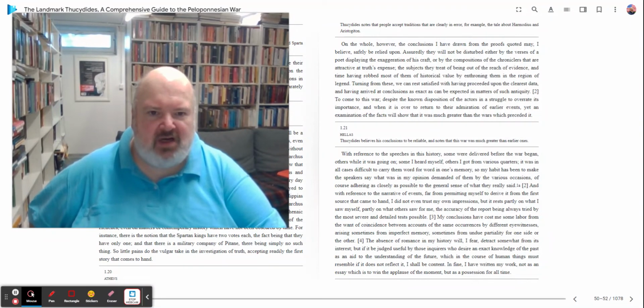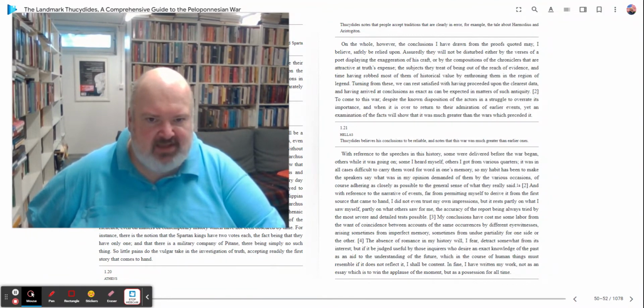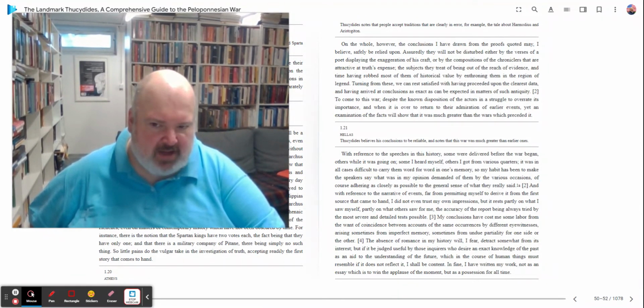On the whole, however, the conclusion I have drawn from the proofs quoted may, I believe, safely be relied on. In other words, he's testifying to what he's quoting from.